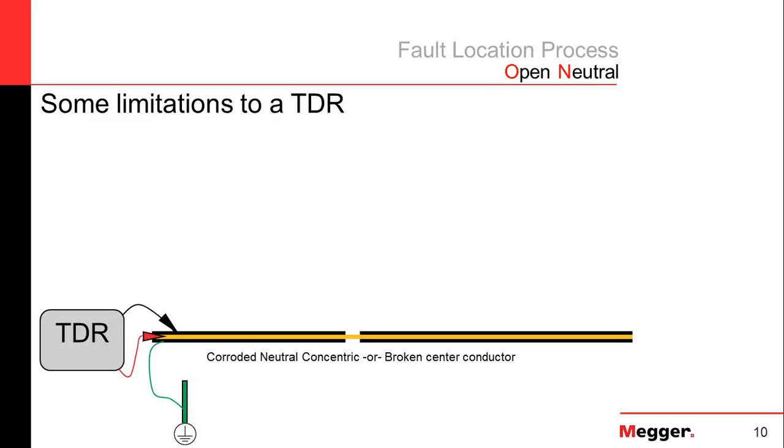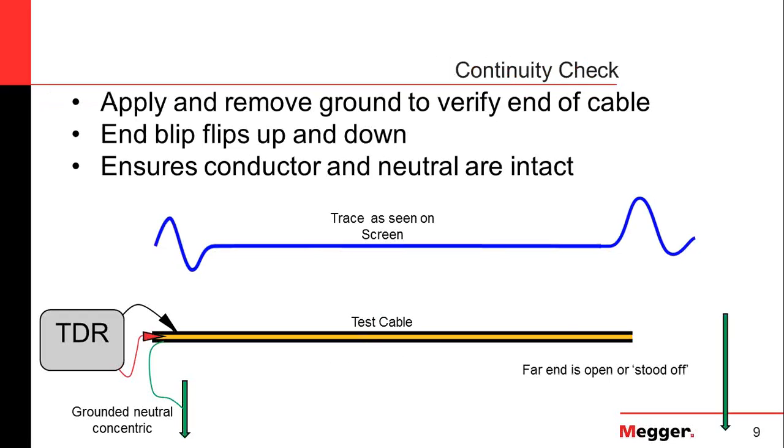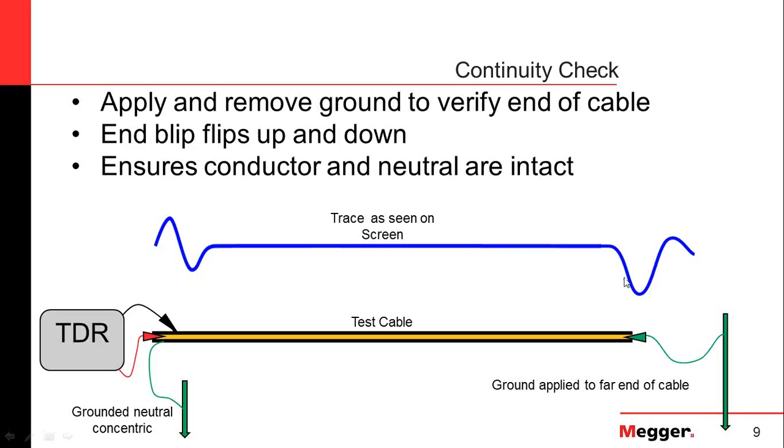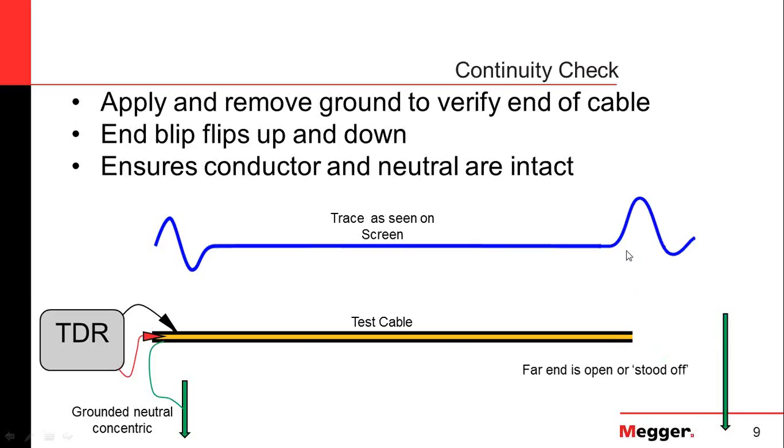That's one of the reasons you would do this test, where you go to the far end of the cable, and you apply a ground, and you see the trace flip up and down as you apply the ground on and off. That verifies that the center conductor and the neutral concentric have electrical continuity. Your neutral could be corroded, it could be damaged, but it's good enough for the TDR to see through it.